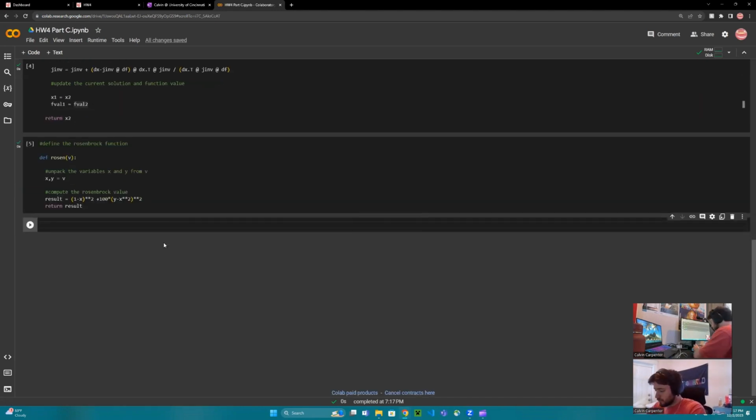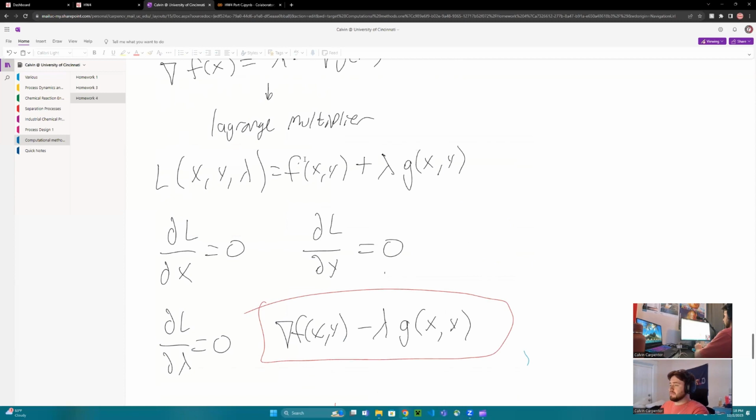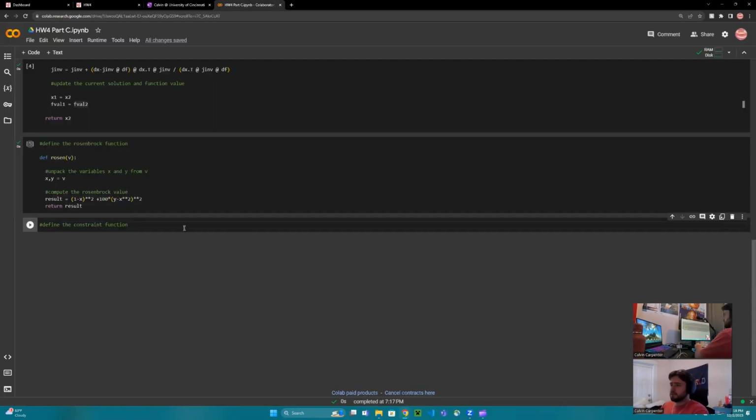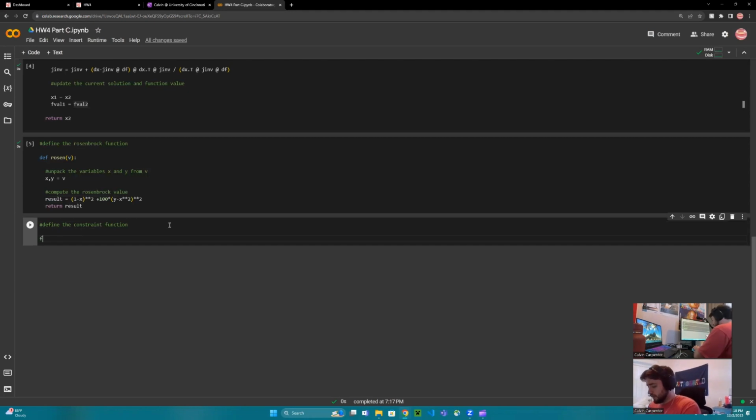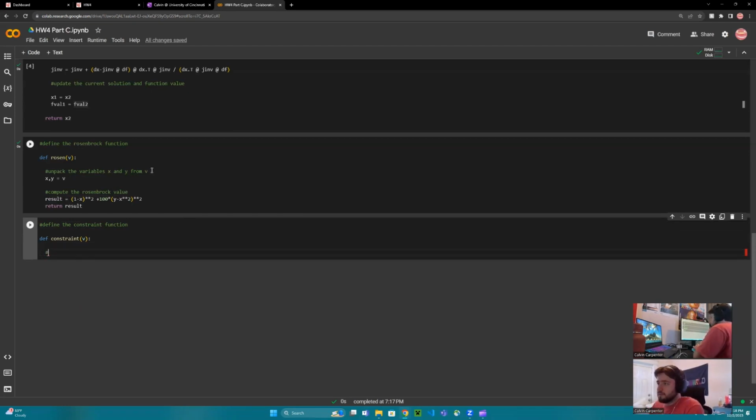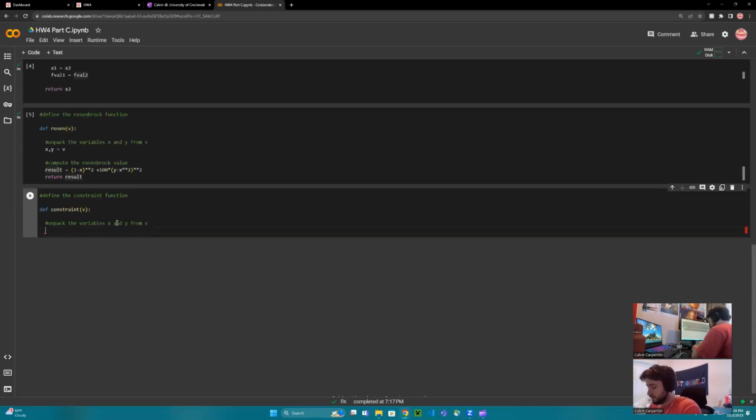So next, we're going to define the constraint function. And that from the previous, that is going to be our g right here. So def constraint v. We're going to unpack once again variables x and y from v. And so x, we're going to do the same thing as above, x comma y is equal to v.